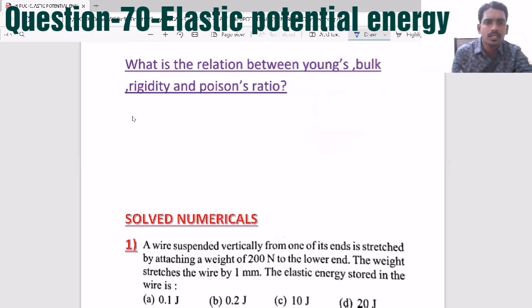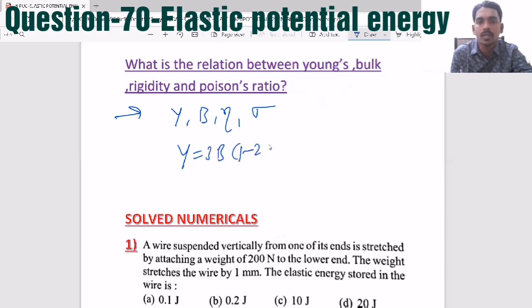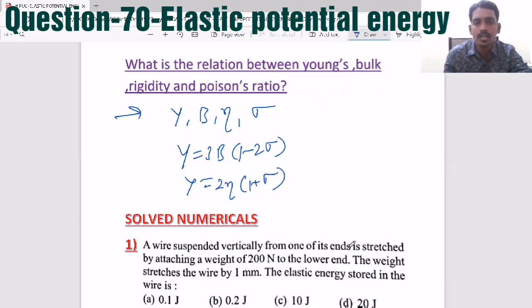And sometimes, it's not very frequent, but sometimes they will ask a question based on the relation between all four quantities, that is Y, B, eta and sigma. That is Y equal to 3B into 1 minus 2 sigma and Y equal to 2 eta into 1 plus sigma, where sigma is Poisson's ratio, Y is Young's modulus, B is bulk modulus, eta is rigidity modulus.